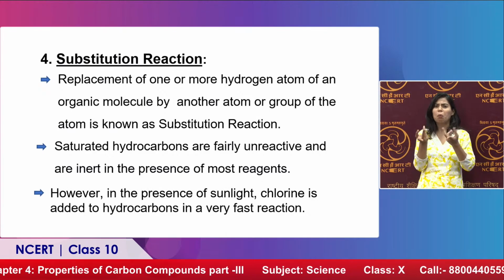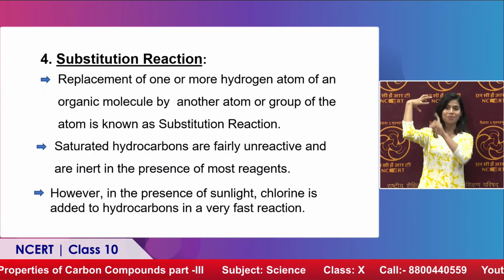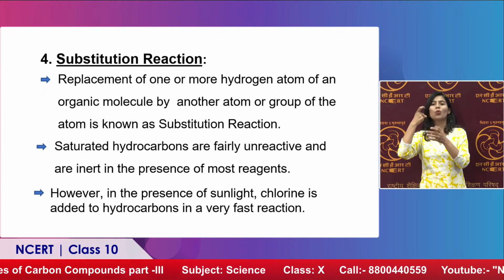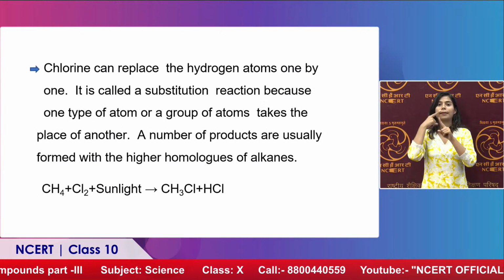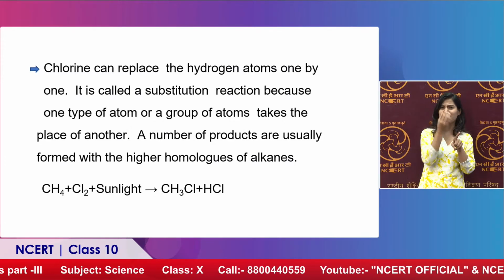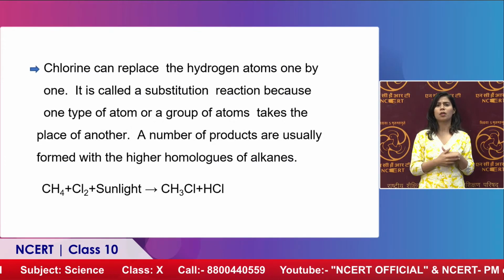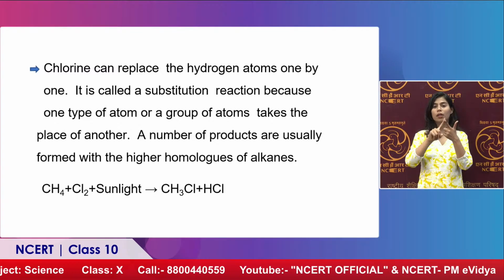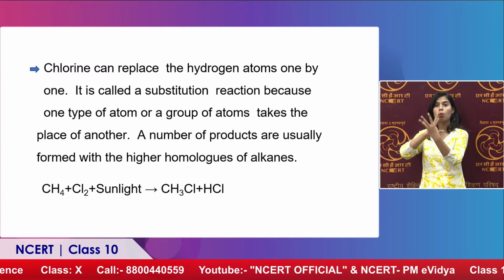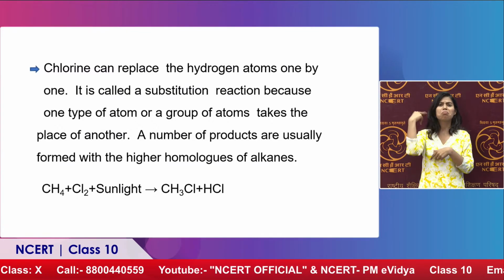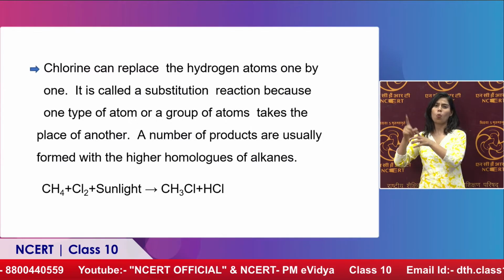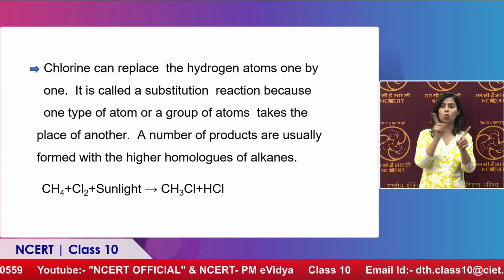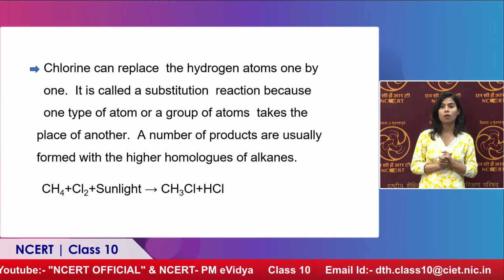However, in the presence of sunlight, chlorine is added to the hydrocarbon in a very fast, reactive manner. This is the simple case where chlorine can replace the hydrogen atoms one by one. It is called a substitution reaction because one type of atom or group of atoms takes the place of another. A number of products are usually formed with the higher homologues of alkanes.